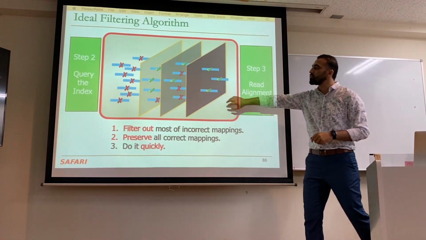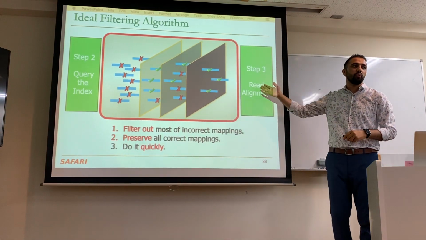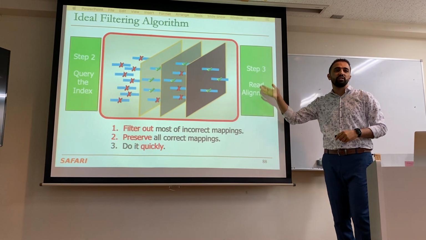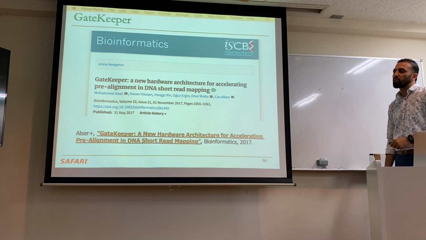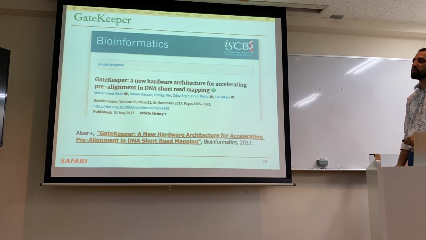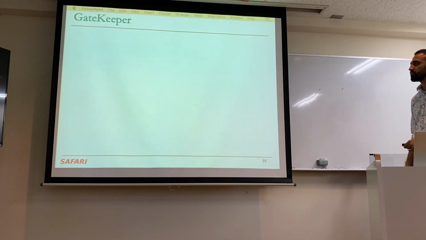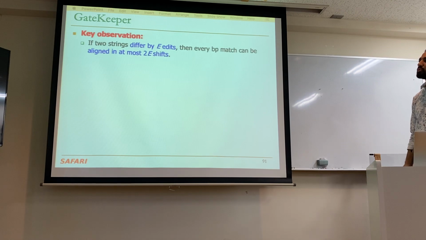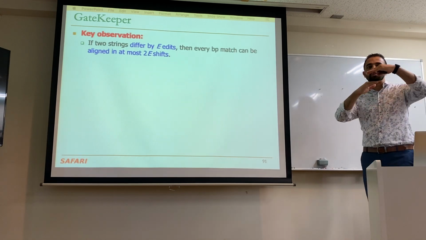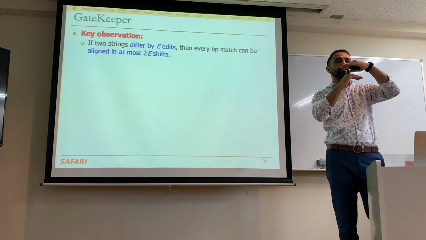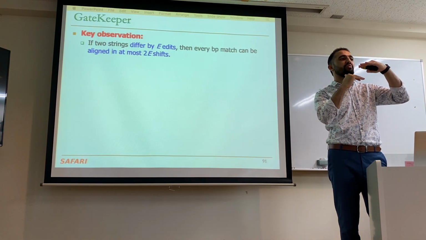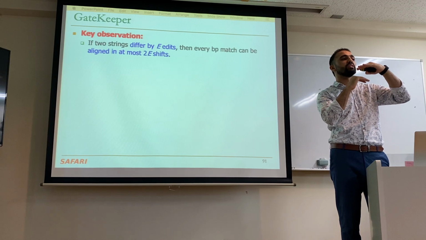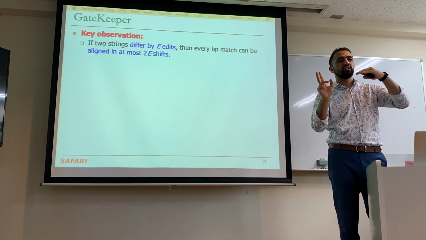If we are spending too much time in filtering, then we are increasing the entire end-to-end execution time, for example. So this is the first work we proposed in 2017 called Gatekeeper. What we do in Gatekeeper, we observe that if two strings differ by E edits, by E differences, then we could know very fast how many differences they have using just 2E shifts.